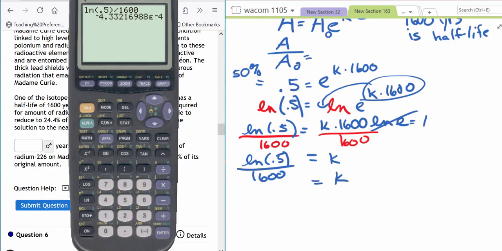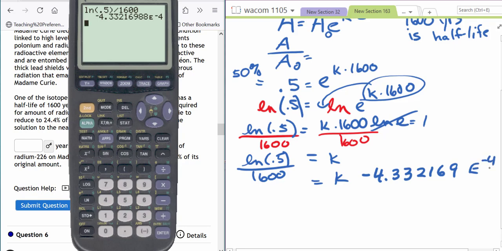So I have negative 4.332169 e to the negative 4. That's what's on my calculator. All right. So this is how scientific notation shows on your calculator. Remember, that is this times 10 to the negative 4.